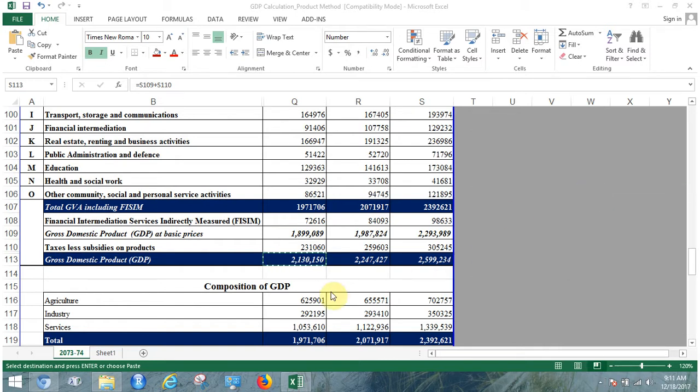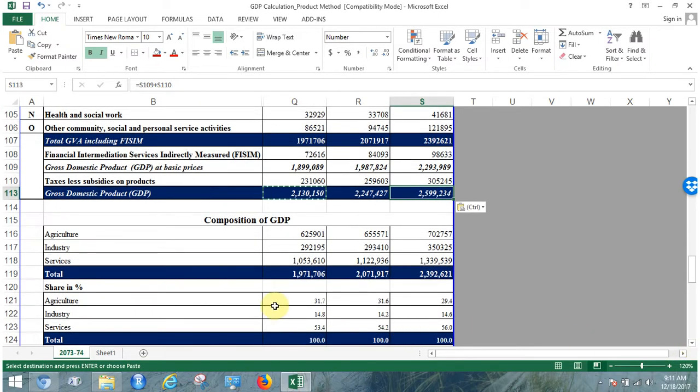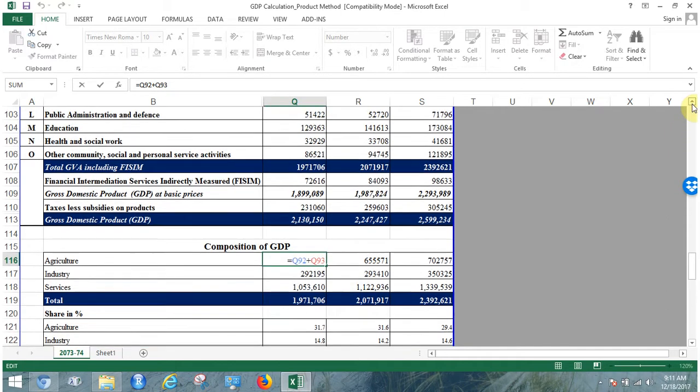So next we move to the sectoral contribution in GDP. So how much is contributed by agriculture, how much by industry, and how much by services. To do this, we add the value added by the agriculture sector, industrial sector, and services sector.